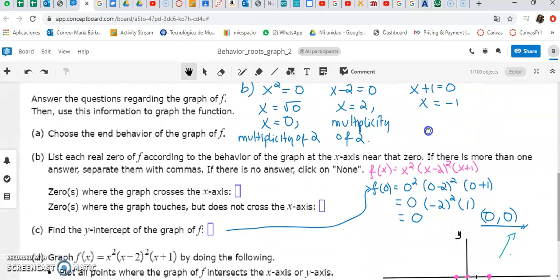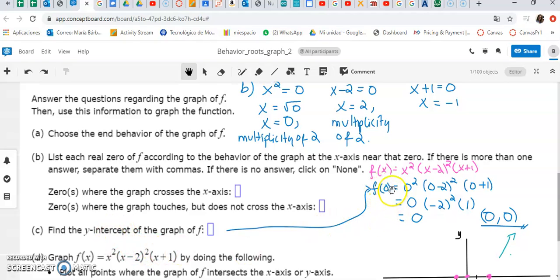Good. Now, let's see the third question, which is find the y-intercept of the graph of f. So here I am writing in pink color the original one, which is f of x equals x to the second times x minus 2 to the second times x plus 1. What we're going to do in order to get the y-intercept is to evaluate the function at 0.